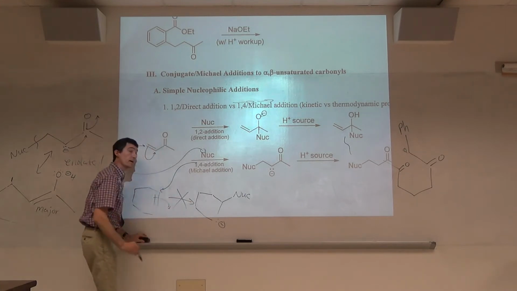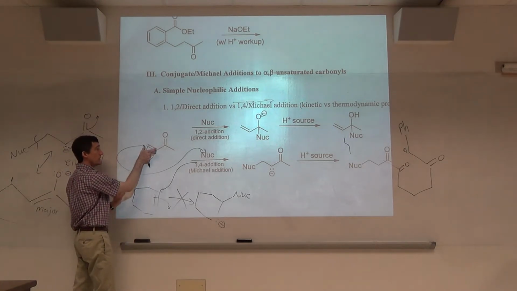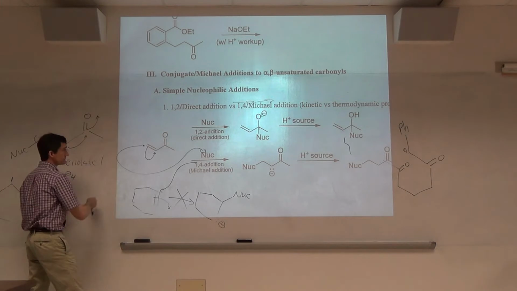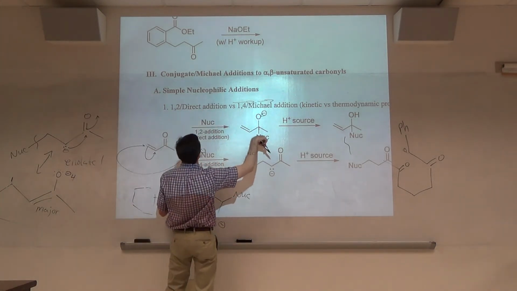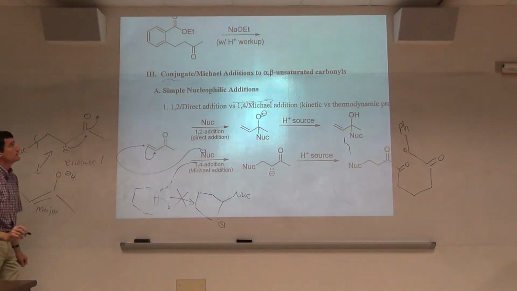Then you ain't doing that reaction. The reason you can add to this double bond is because it's conjugated with the carbonyl, this allows this to happen. That's why it's also called sometimes a conjugate addition. But some chemist named Michael really did a lot of this, and it's called a Michael addition.